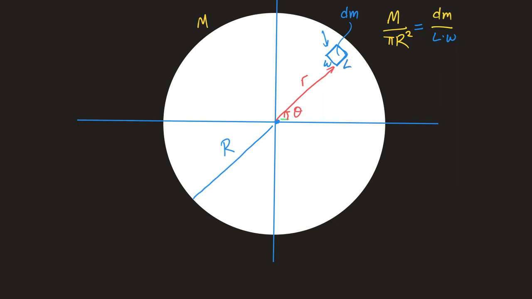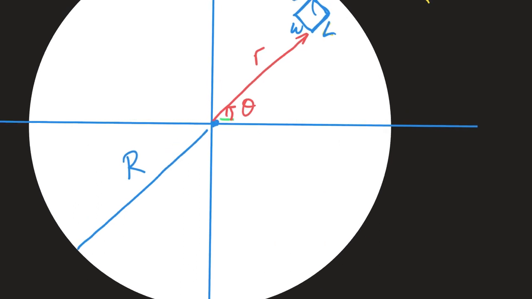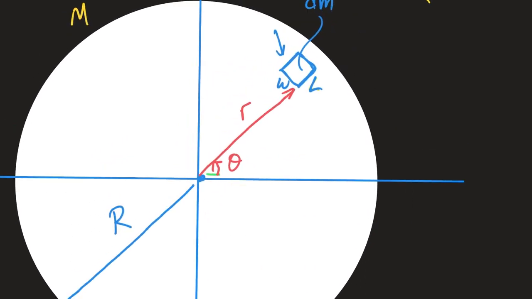Now, judging by what we did yesterday, if you'll remember, and I'm going to zoom in on this, we went out a distance x, and then we said that this length right here was just a little bit more than x. I'm going to do the same thing here. I'm going to go out a distance r, and I'm going to say that this length from here to here is just a little more than r. I'll call it dr.